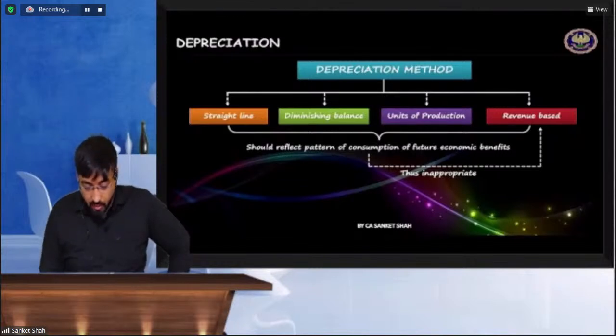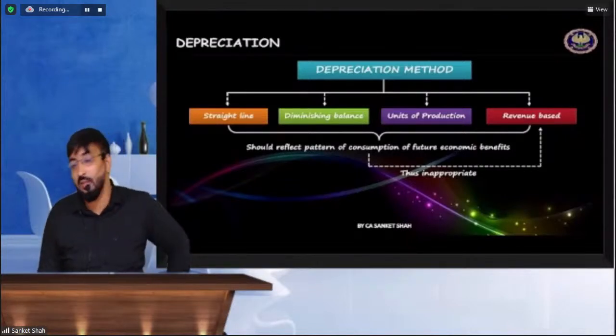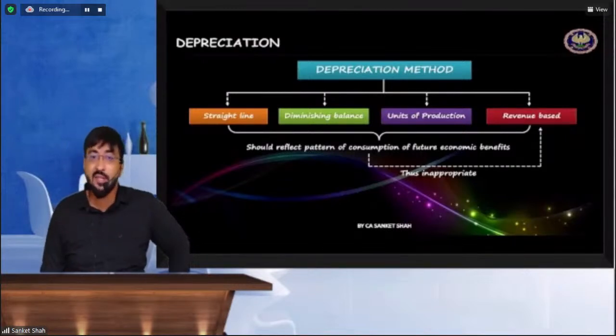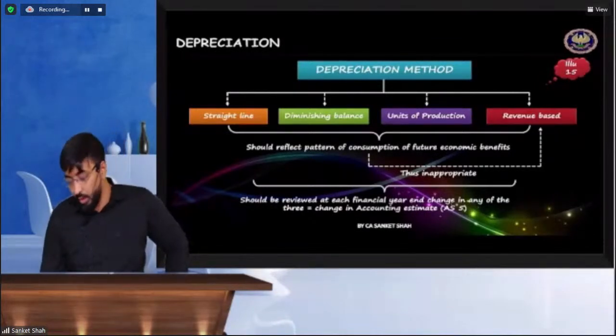So revenue based is inappropriate. Useful consumption is important, so no one is using revenue based depreciation. Units based depreciation you can use. In real life, there are only 3 methods: straight line, WDV, and if you want, production units method.